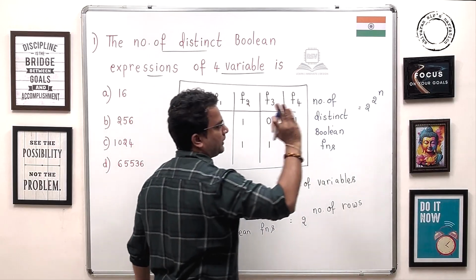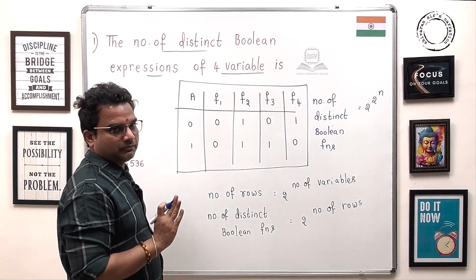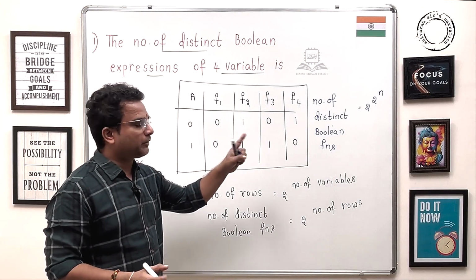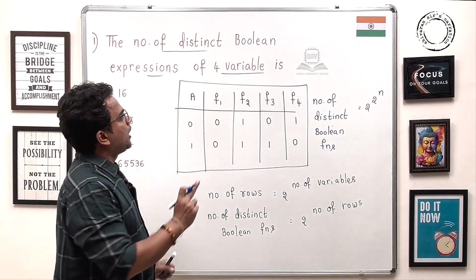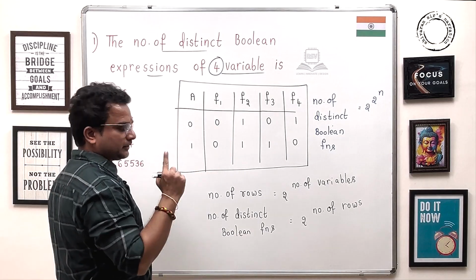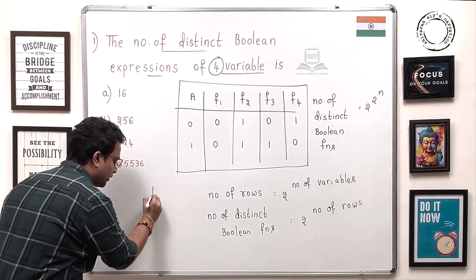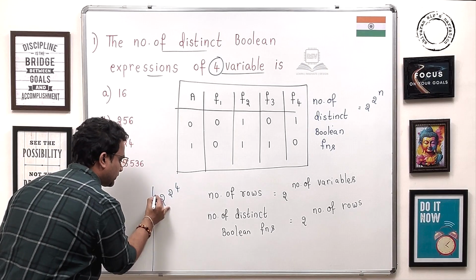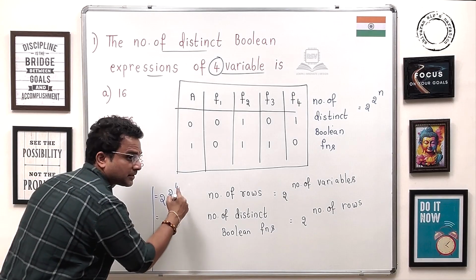Let's assume n is the number of variables. Then the answer is the expression 2 power 2 power n. Now, how many variables have they given? 4 variables. Then it is 2 power 2 power 4. What is 2 power 4, guys?